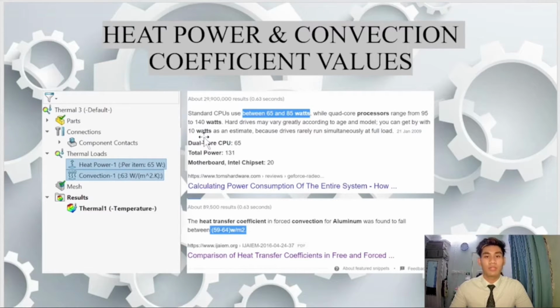This is because after doing some research, we found that a standard CPU uses between 65 to 85 watt. Second one, convection coefficient. We are using 63 watt per meter squared Kelvin. We found on the internet that the heat transfer coefficient for aluminium is between 59 to 64.